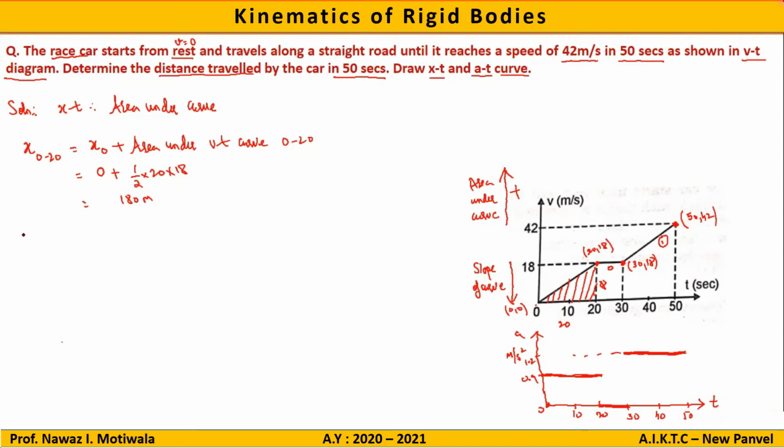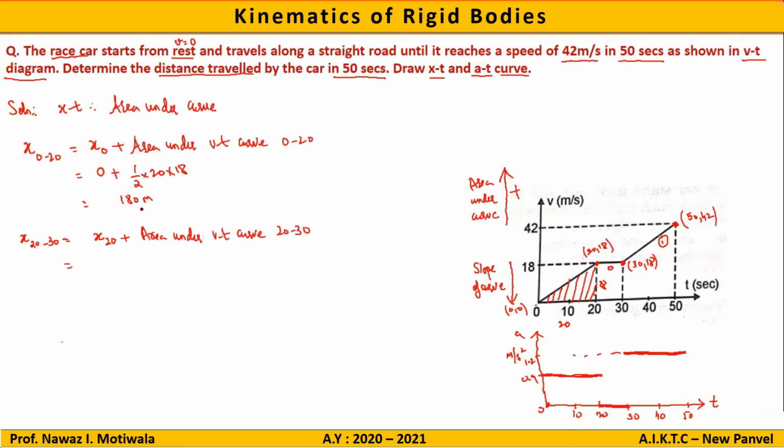Next part is displacement between 20 to 30. So first I will add the displacement till the 20th second, plus the area under the VT curve between 20 to 30.